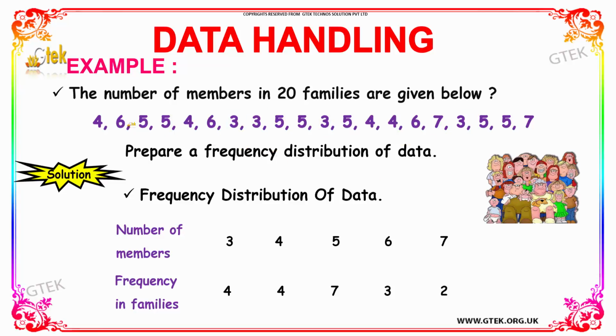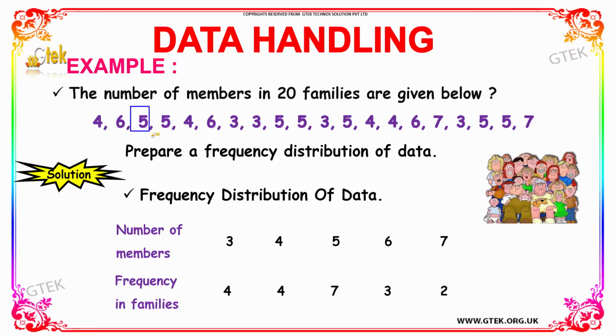Similarly, the number of members in a family is 4, and the frequency is 4. There are 4 fours, which means there are 4 families which are having 4 members.